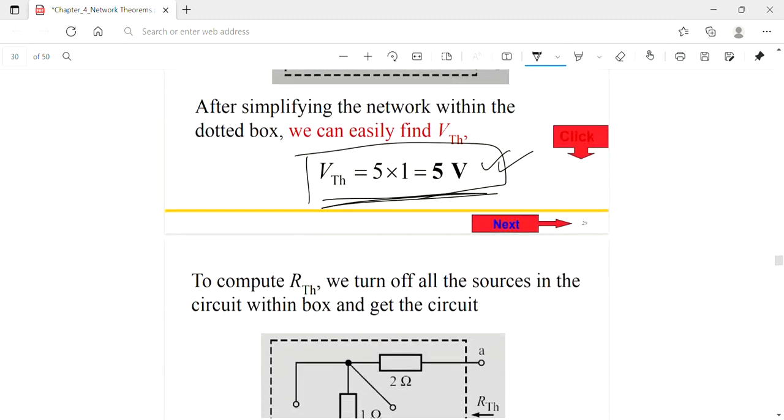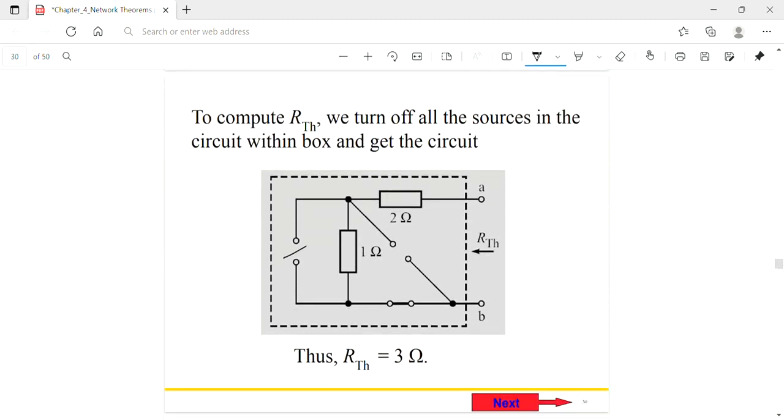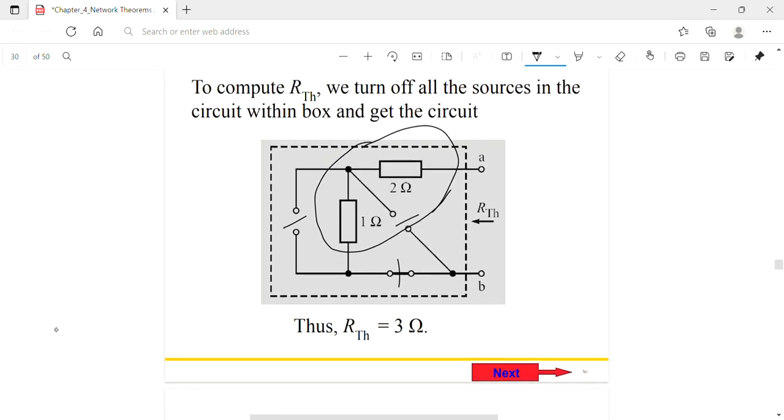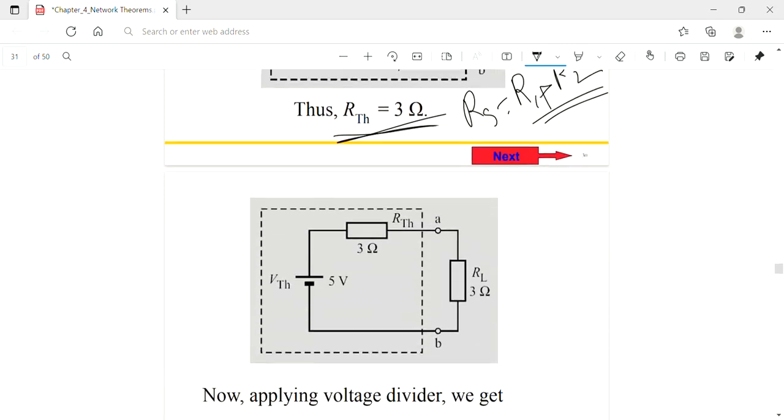Then we sort out all the current and voltage sources, and here we see that the 1 ohm and 2 ohm are connected in series. In a series circuit, we add the resistors, so in this case we get 3 ohm.